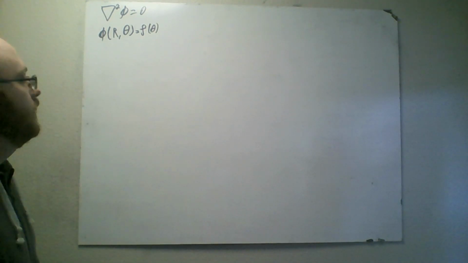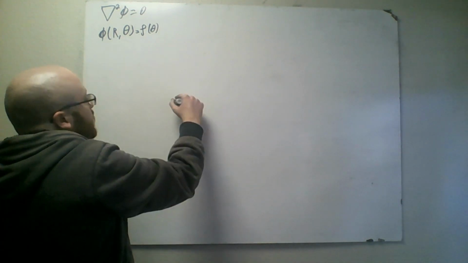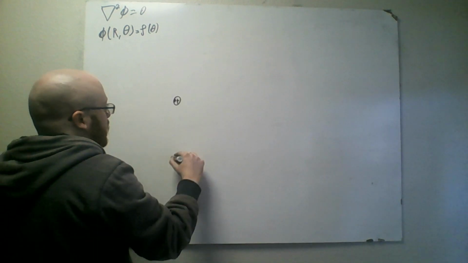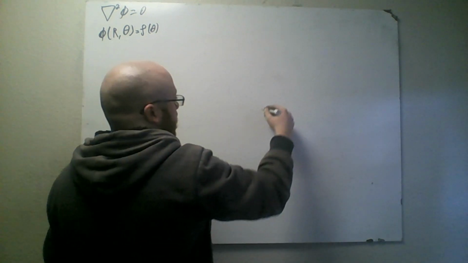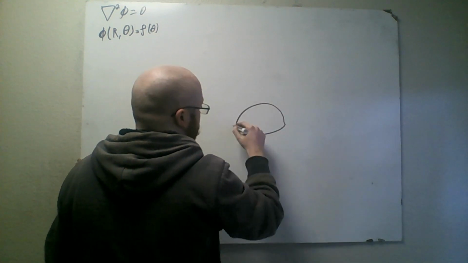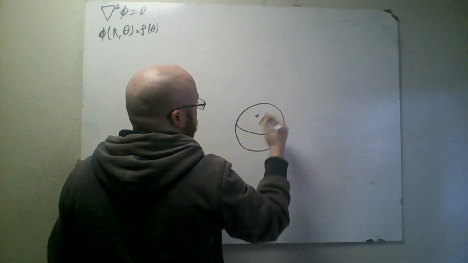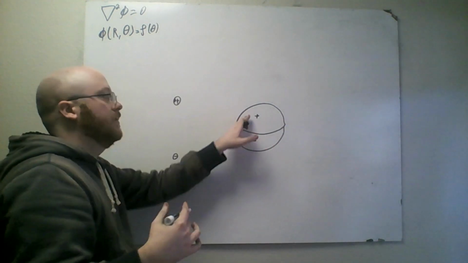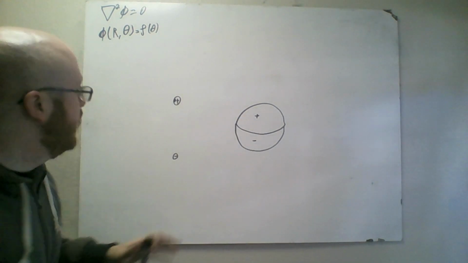So you can model, say, a dipole with this by putting a plus here, minus here, or you can imagine a sphere where this potential is plus and this one's minus, and it's the same on the top as it is on the bottom. So either way will work.